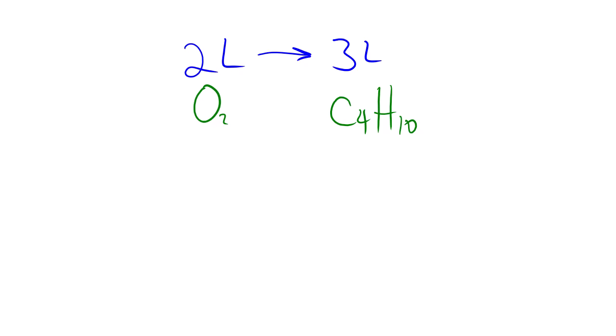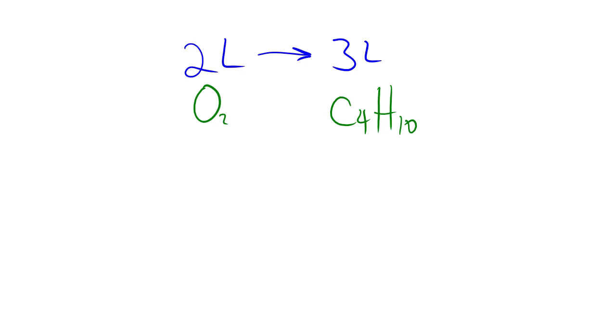So that means one molecule of this oxygen will need 3 molecules of butane. So now we understand the proportion of atoms.